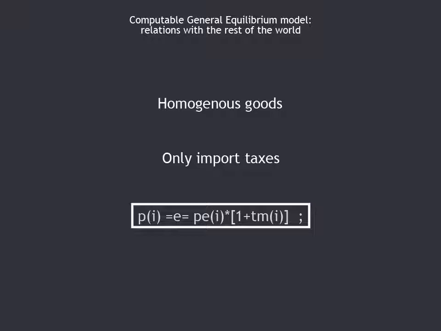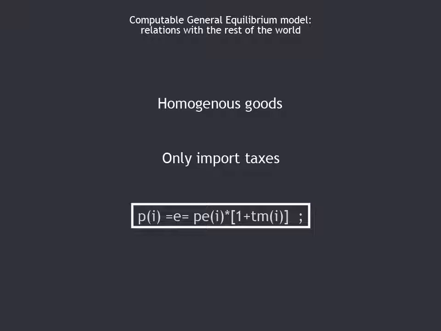Local prices can be greater than the world price because of import taxes, and the relation is P in sector I, the local price, is equal to the world price, PE in sector I, times 1 plus the import tax, TM in sector I. So import taxes can be differentiated from one sector to the other, and if there is no import tax, the local price is aligned on the world price.